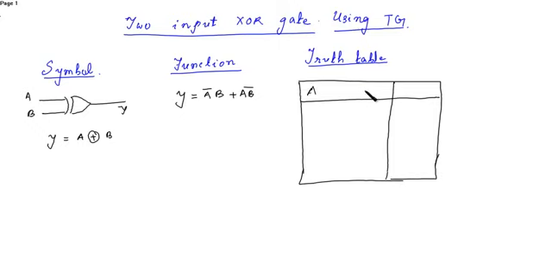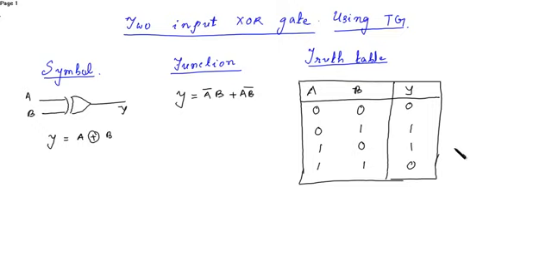This is A, this is B, this is Y. 0 0, the output is 0. 0 1 1, 1 0 1, 1 1 0.